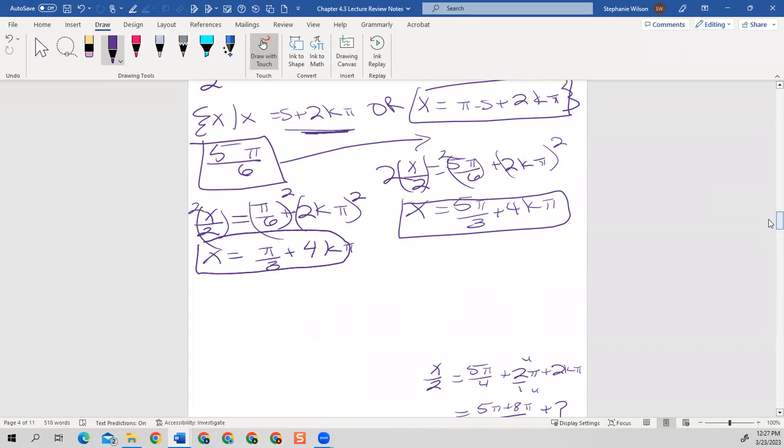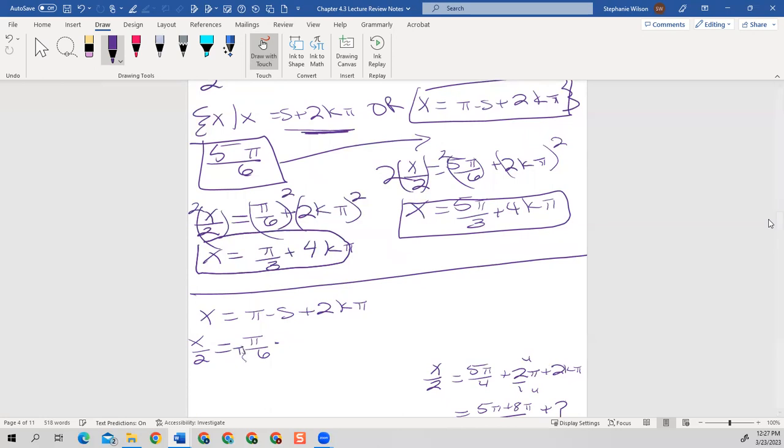So I'm going to take x is equal to pi minus s plus 2k pi. Let's plug in the pi sixths. And don't forget, it's x over 2. And it's going to be pi minus that. My apologies. Here, let me get my eraser to work.